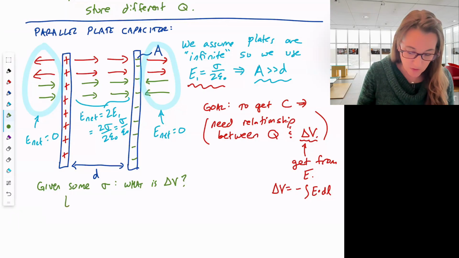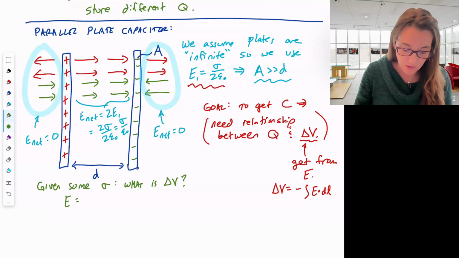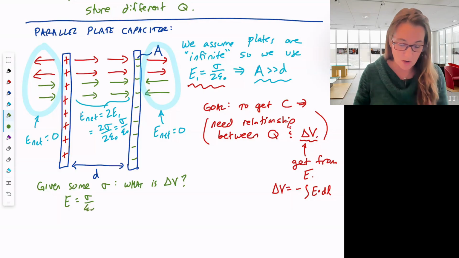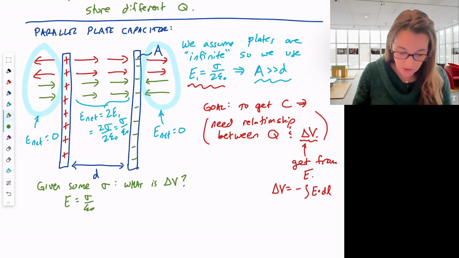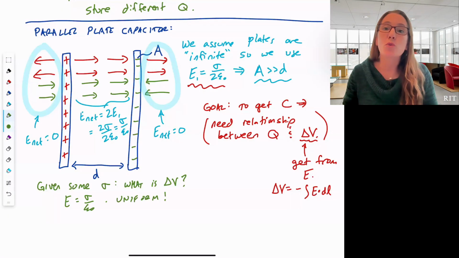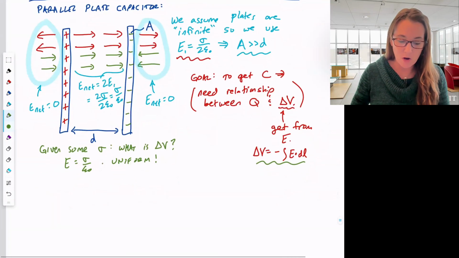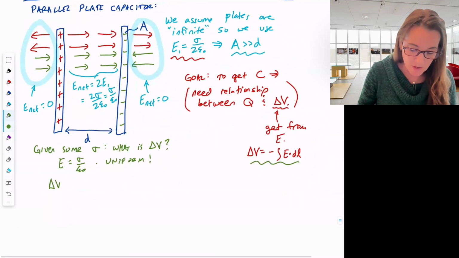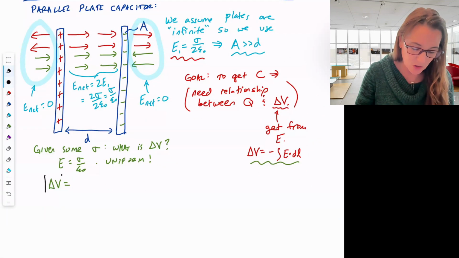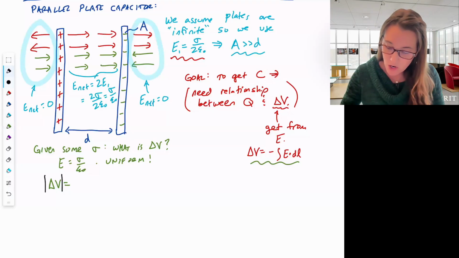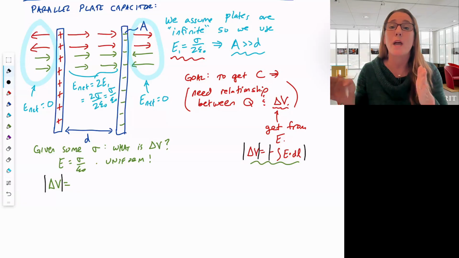We just found that E is equal to sigma over epsilon naught, and recall that it's a uniform E, so we can look at this integral and say delta V is simply going to be equal to, and with capacitance we're really just dealing with magnitudes here, so I'm going to ignore that negative sign because it doesn't matter which way I go.